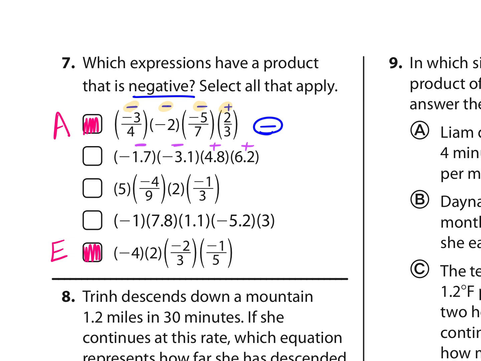Notice that we have a negative times a negative is a positive. Then we multiply by positive, positive, and we still have a positive. And then we have a positive times a negative times a positive times a negative. Well, that means we have a positive times a negative is negative. We have a negative times a positive is negative. Negative times a negative is a positive.